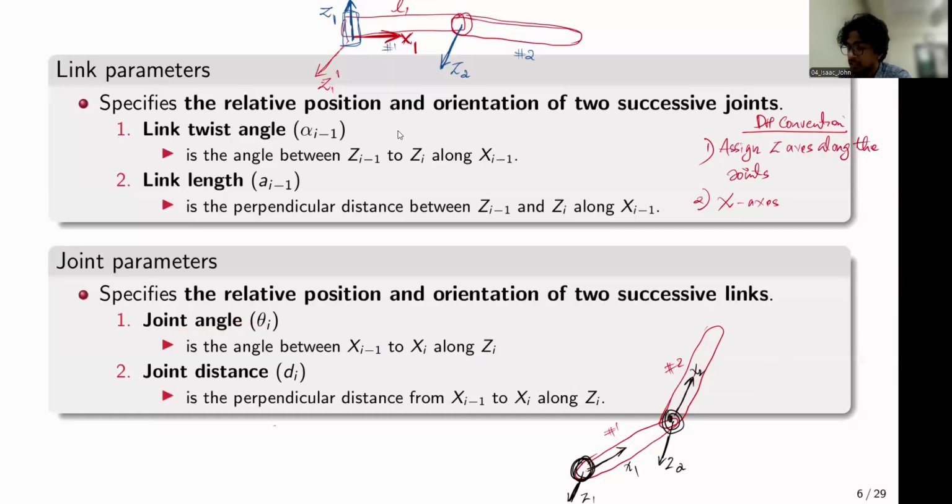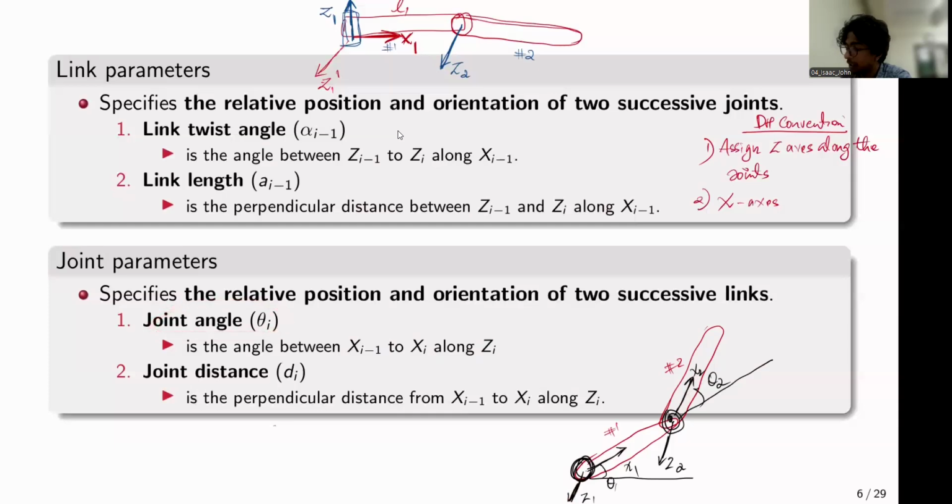Right? Because in the last class we have seen, you need two inputs to fully define the configuration of a robotic manipulator with two revolute joints. So I'll call the first joint angle theta1 and the second joint angle theta2. So to convey the information between the first frame x1 y1 z1 and the second frame x2 y2 z2, you need this joint angle, right?